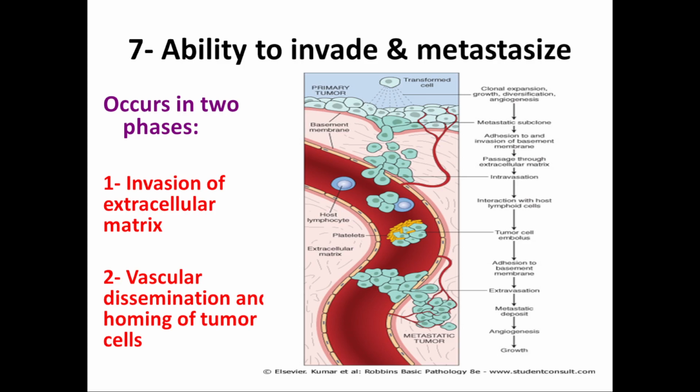So there is clonal expansion and growth of the tumor cell, and the metastatic subclone starts adhering to the underlying extracellular matrix and then undergoes intravasation, as we mentioned previously, entering a blood vessel. Then it has to evade the immune system through the blood supply.